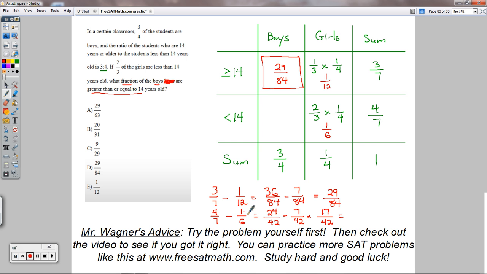And that is the same thing as if I multiplied this by 2 over 2 to get something in terms of 84ths. That would be 34 over 84. So I could think of it like 17 over 42, or I could think of it as 34 over 84. The reason I think of it like that is that if I add this and this together, I have a common denominator right there.